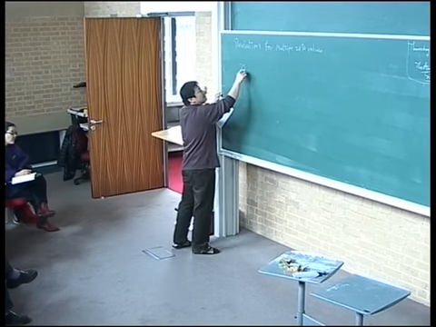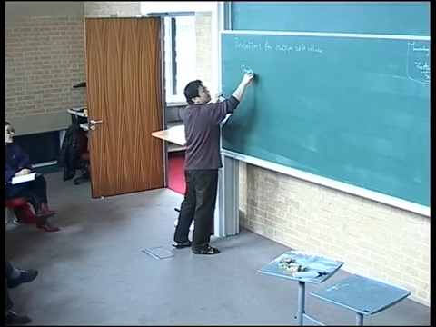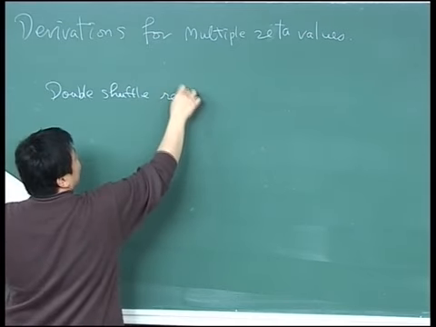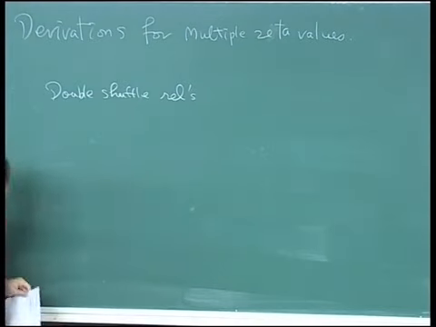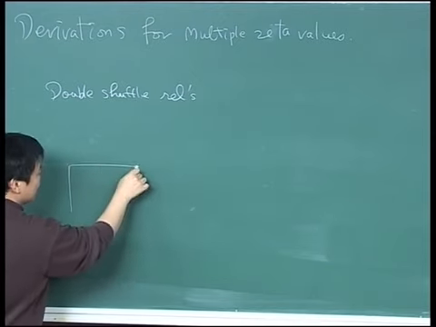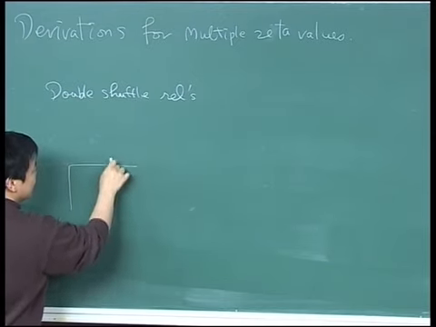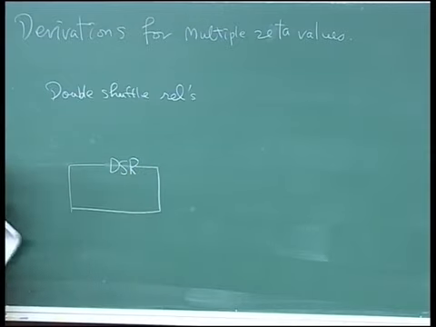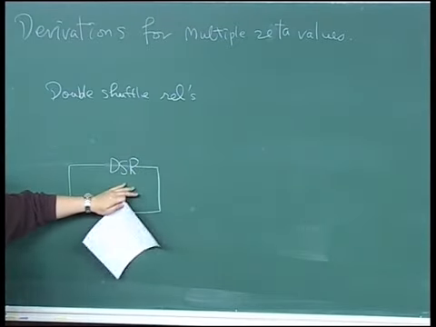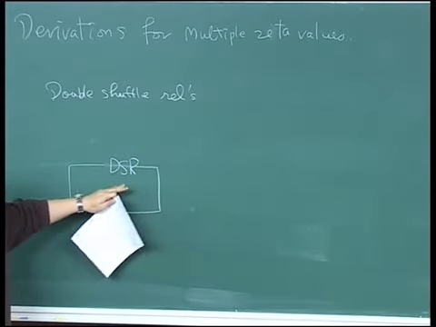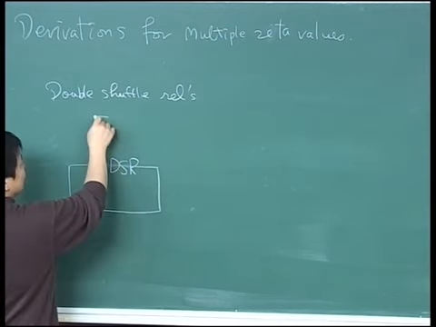The double shuffle relation is one of the classes of linear relations between multiple zeta values with rational coefficients. Exactly speaking, this class doesn't give all relations, so we need to extend it more.